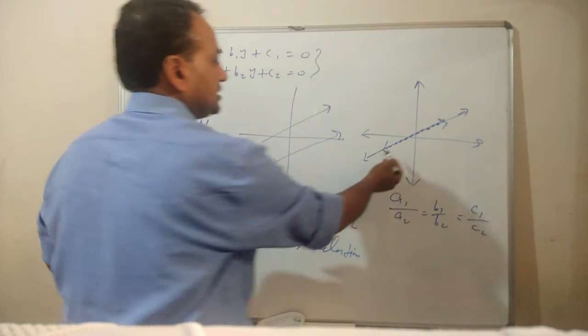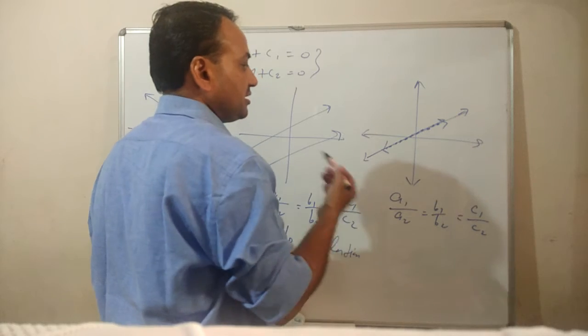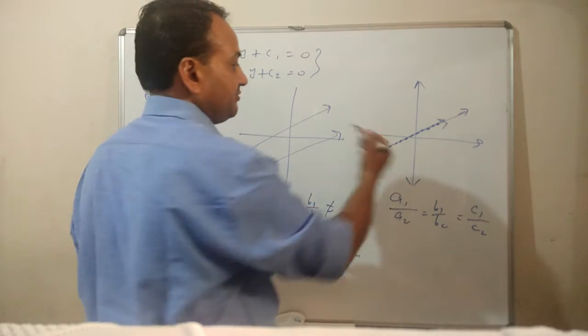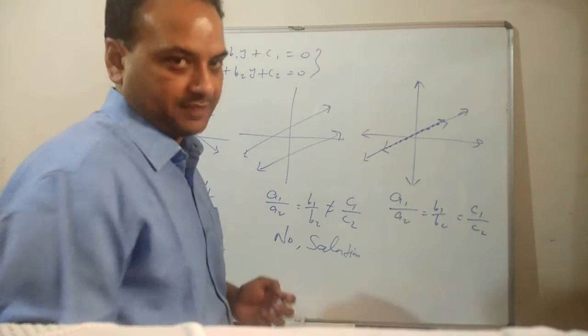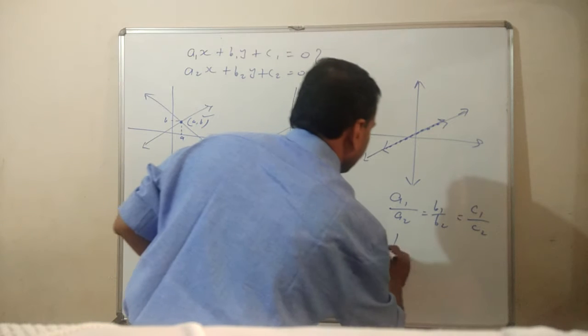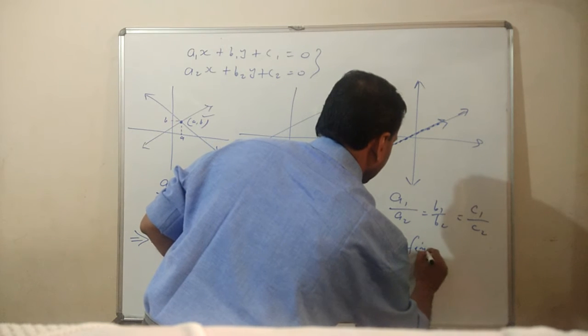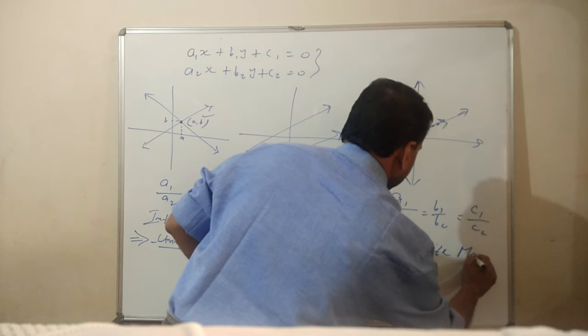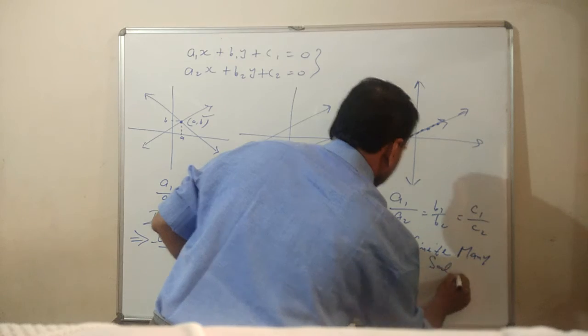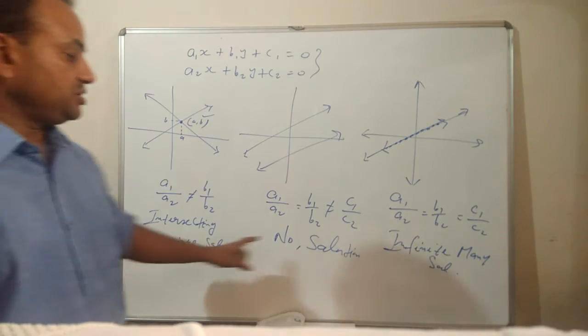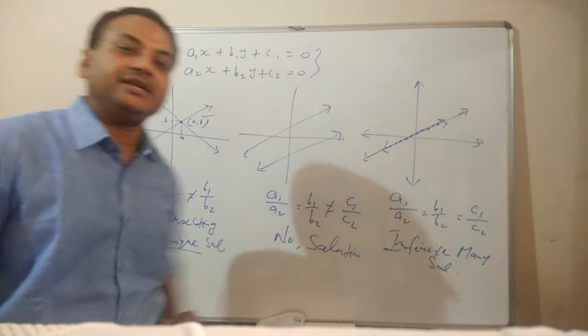So there are an infinite number of points at which both lines are common. So here we get infinitely many solutions. Here we are getting a unique solution, here no solution, and here infinitely many solutions.